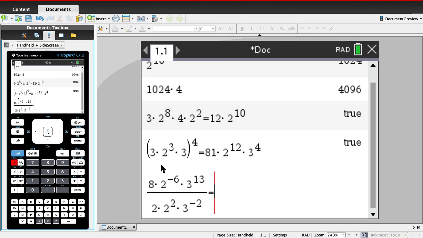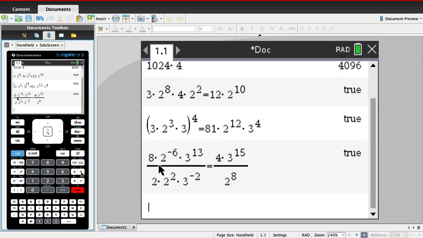And I need to find out if that is going to be equal to my new fraction that I reduced down, which is 4 times 3 to the power of 15, all divided by 2 to the power of 8.